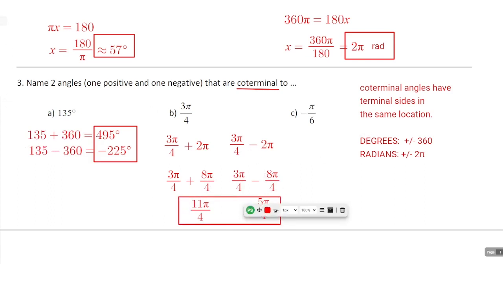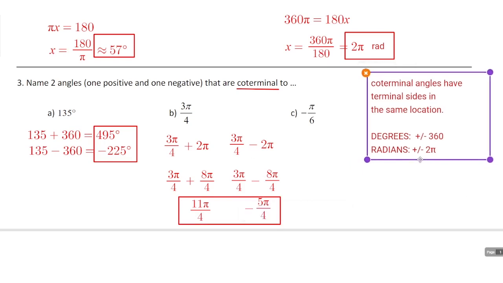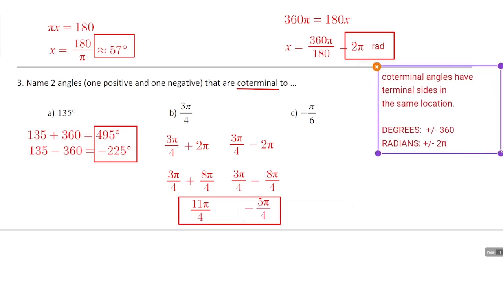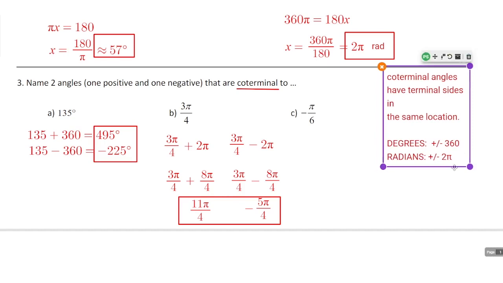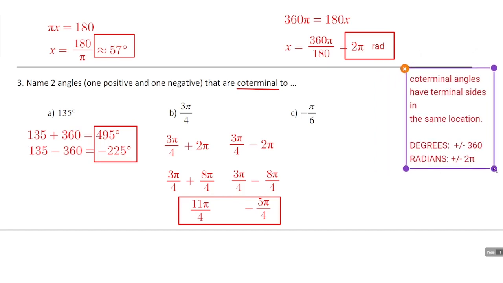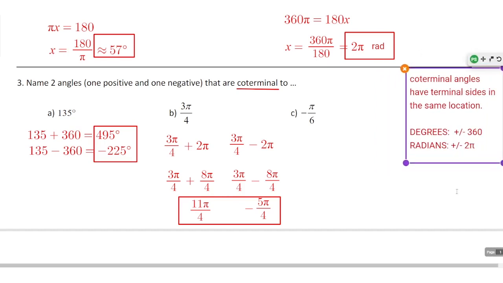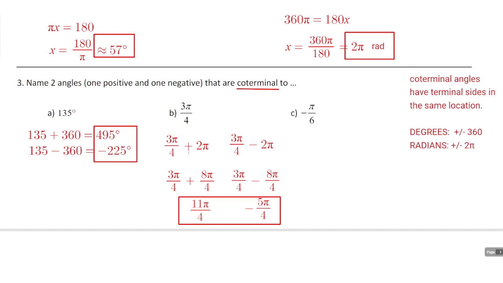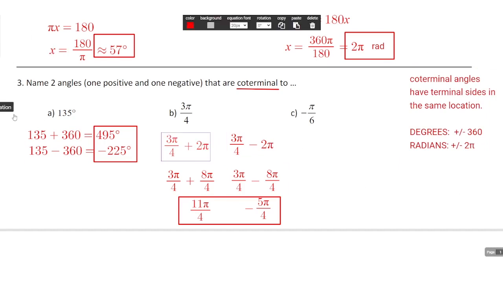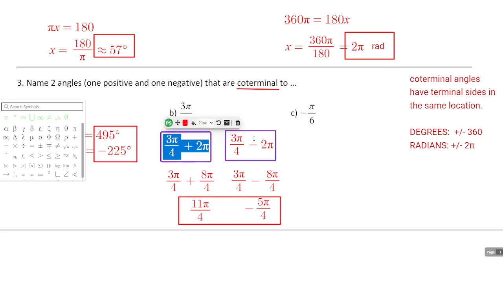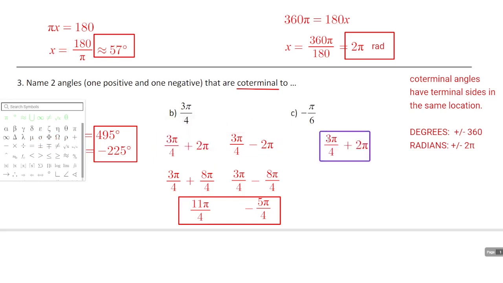For part C, we'll work that out basically exactly the same way as we did part B. Here we have negative pi over 6, and we're going to add and subtract 2 pi to that. So in one case, we're going to add 2 pi, and in the next part, we will subtract 2 pi.